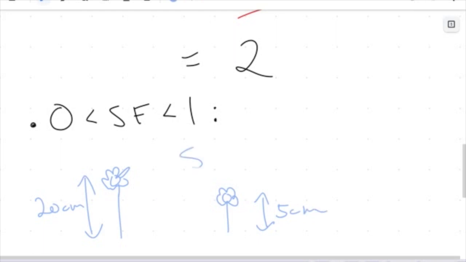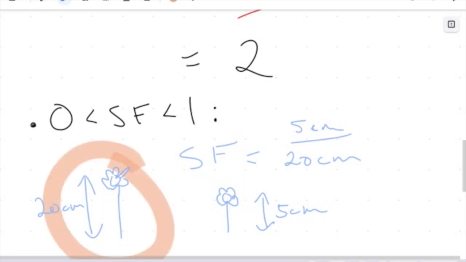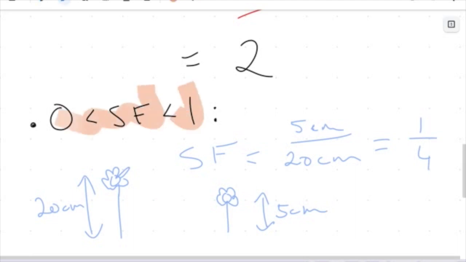Well, our scale factor is going to equal my image, so remember, my image is the new shape or thing that comes out. So that's going to be 5 over 20, because 20 is my original one here before any changes were made. So here I'm going to end up getting 1 over 4. My scale factor is in between 0 and 1.